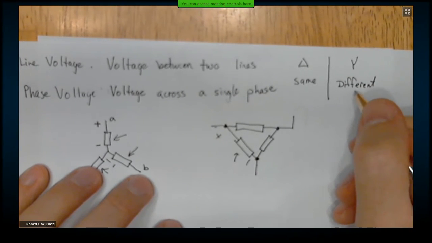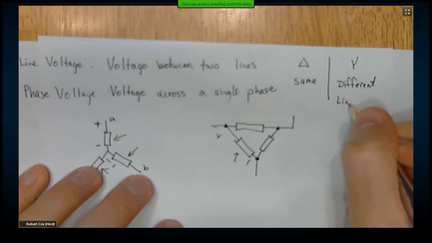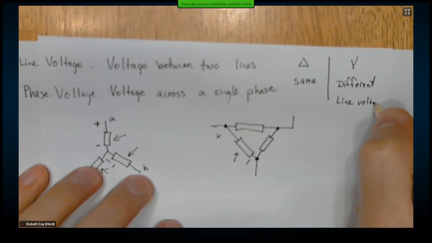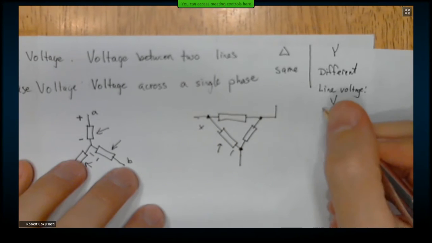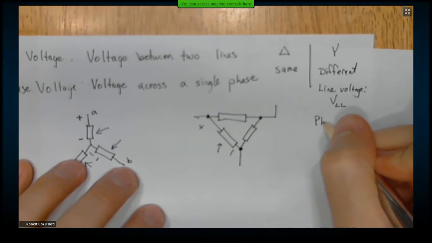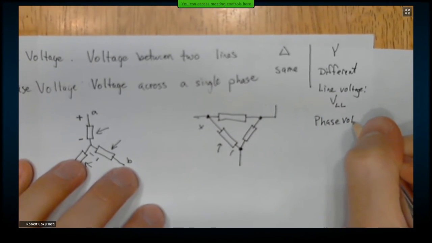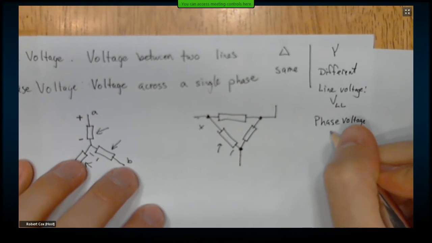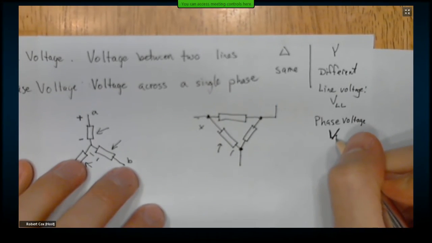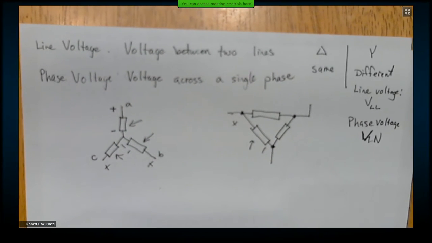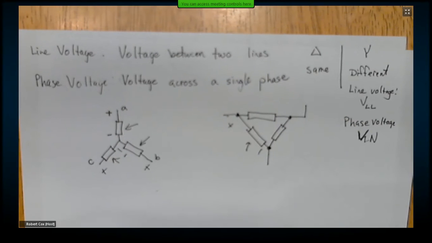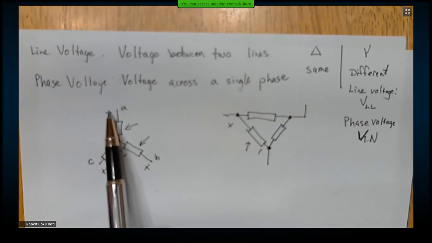In a Y, the line voltage is V line to line. In this case, the phase voltage is V line to neutral. It's kind of a silly set of words to think about, right?